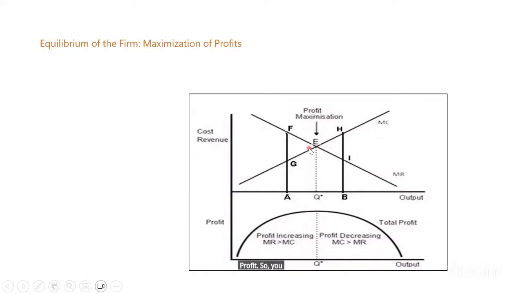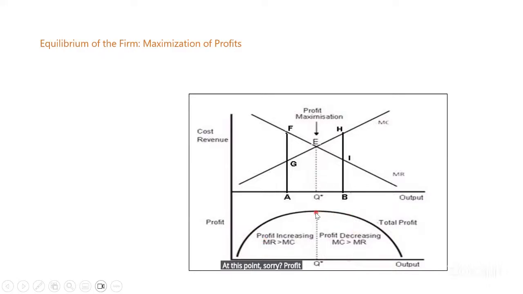So you can see here. This is the profit maximization situation. This is the profit curve. Profit is highest at this point. This point is, just look here, where MR is equal to MC.